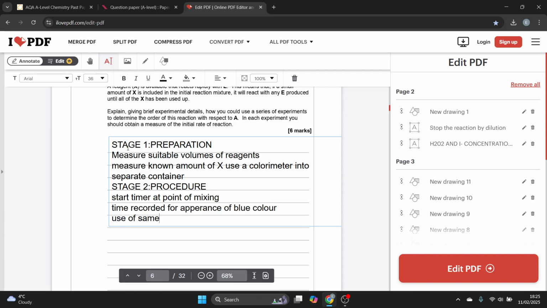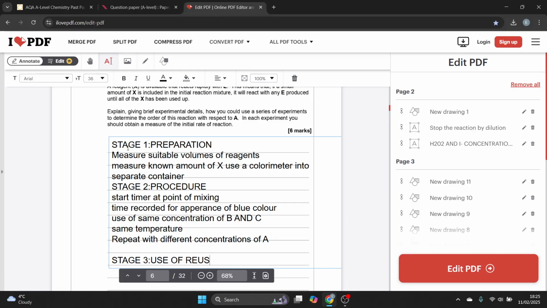Use the same concentration of B and C, same temperature. Repeat with different concentrations of A. Stage 3, use of results.